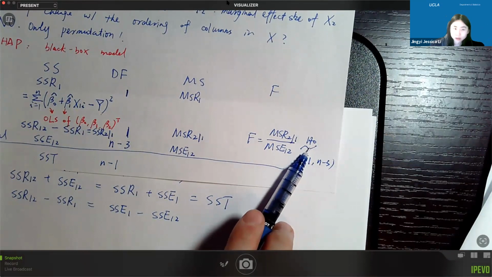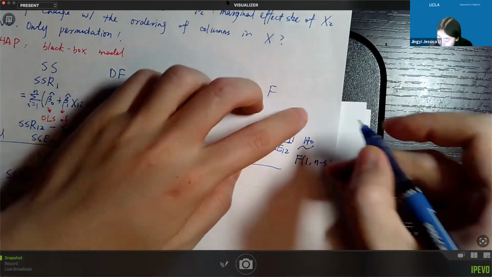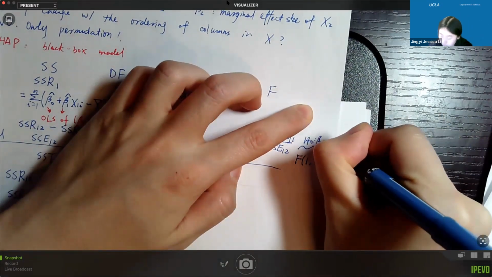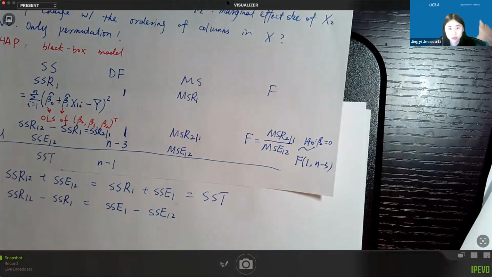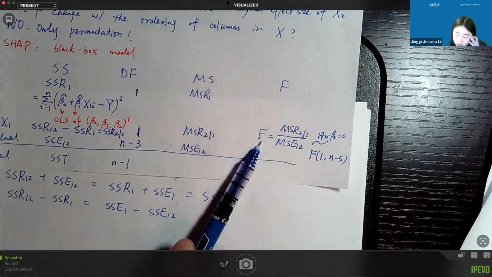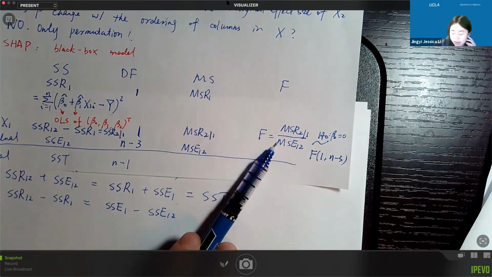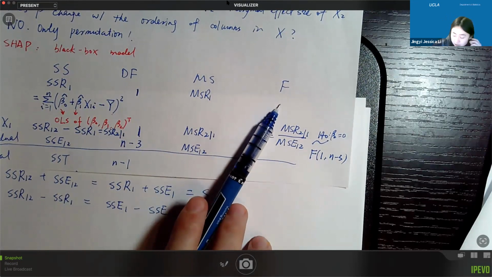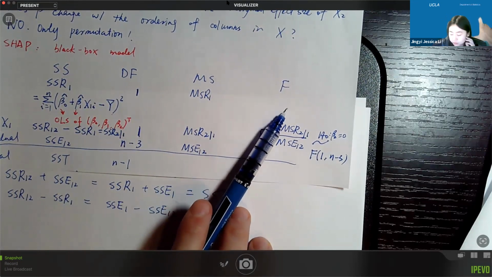The null hypothesis is beta 2 is equal to 0. That's what you're testing. So in other words, my take-home message for you is that the hierarchical ANOVA is only meaningful for testing the last predictor you have in your model, whether the last predictor has additional contribution or not. But for the first few predictors, here I'm just having one predictor for simplicity.